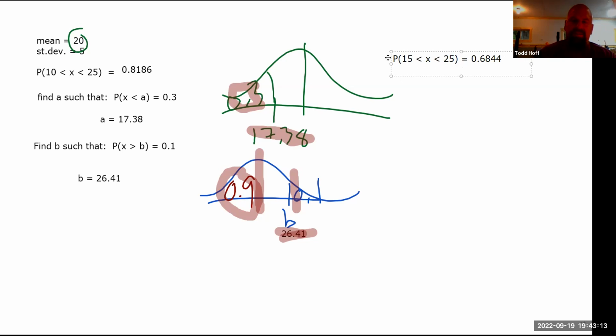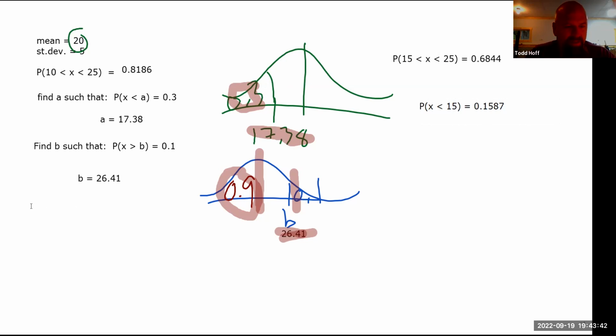That's pretty large. So we have to be very careful to think, okay, the probability of X being less than 15 is already down to 0.1587. So even though 15 is only one standard deviation away, the probability of being smaller than that is a fairly small probability.